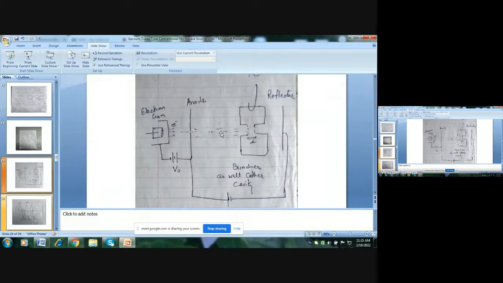So when electrons enter the cavity, the polarity of the field is different from that for the electrons which enter the cavity from the drift space. So this is the difference.